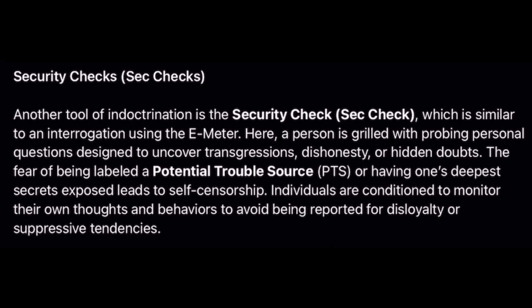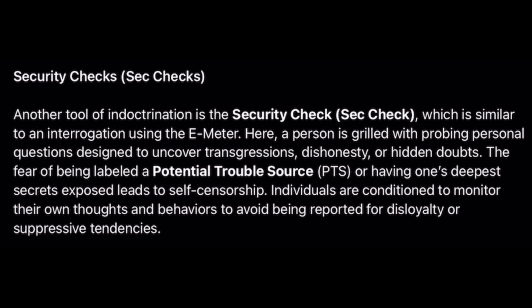Security checks, sec checks. Another tool of indoctrination is the security check, which is similar to an interrogation using the E-Meter. Here, a person is grilled with probing personal questions designed to uncover transgressions, dishonesty, or hidden doubts. The fear of being labeled a potential trouble source, PTS, or having one's deepest secrets exposed leads to self-censorship.